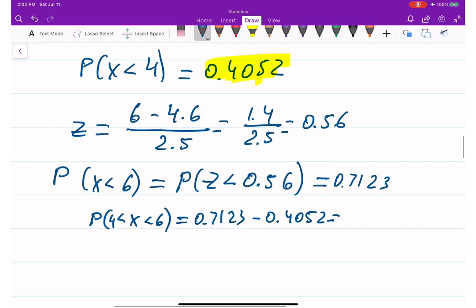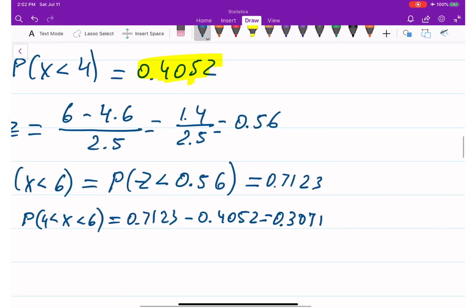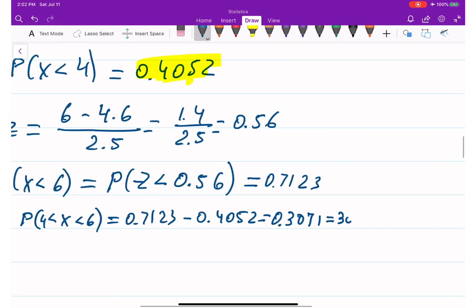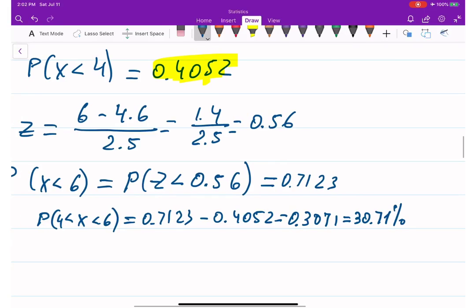That is equal, 3 minus 2 is 1, 12 minus 5 is 7, so here it's going to be 0.7 minus 4 is 3, and we get 0.3071, which is going to be 30.71%. Okay? 0.3071. All right.